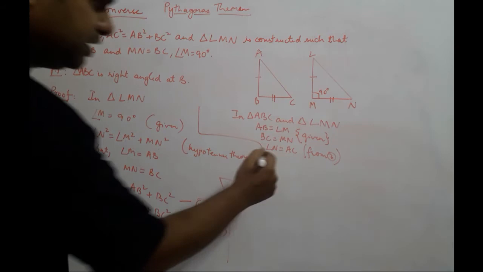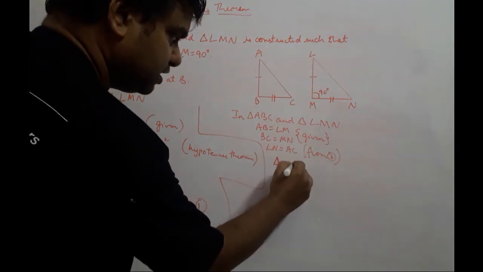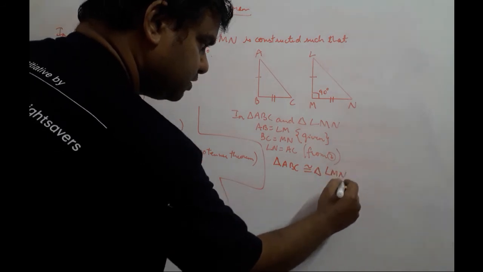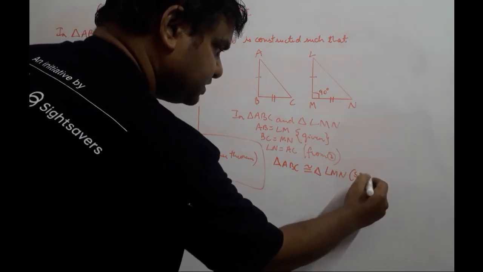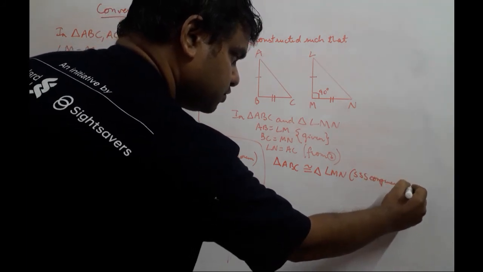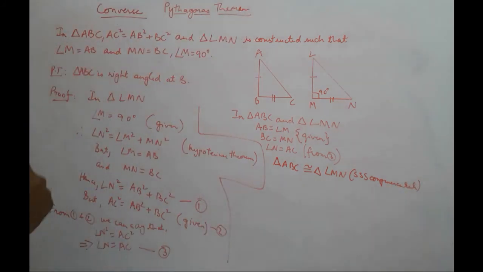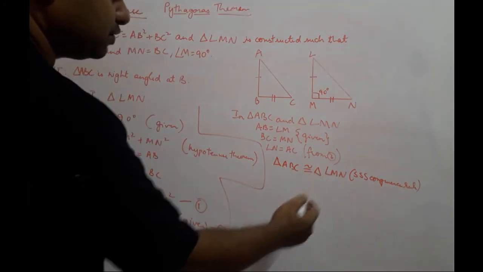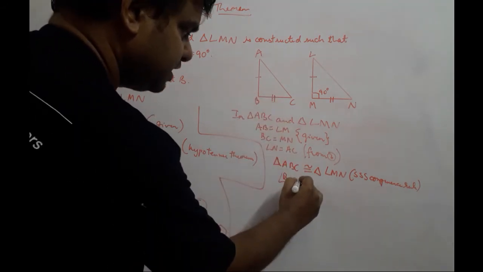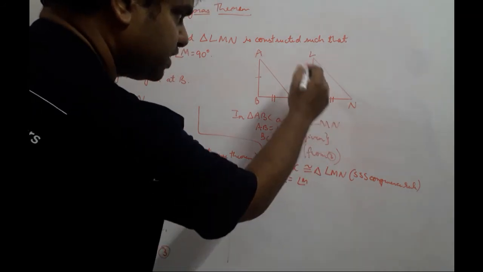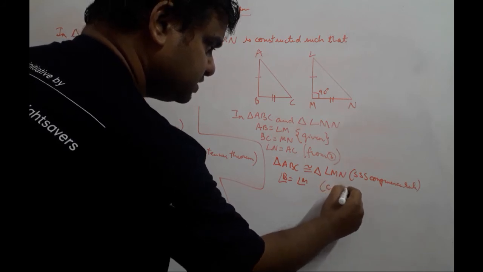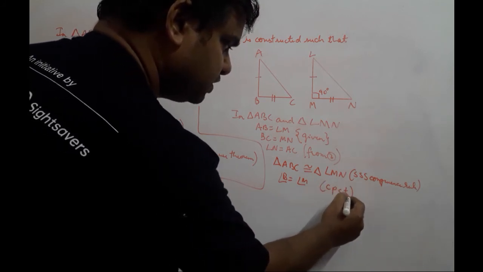So we can now say that triangle ABC is congruent to triangle LMN by SSS congruence rule or criterion. Now that we have got the two triangles congruent, we can say angle B of triangle ABC and angle M of triangle LMN are equal to each other by CPCT, that is corresponding parts of congruent triangles.